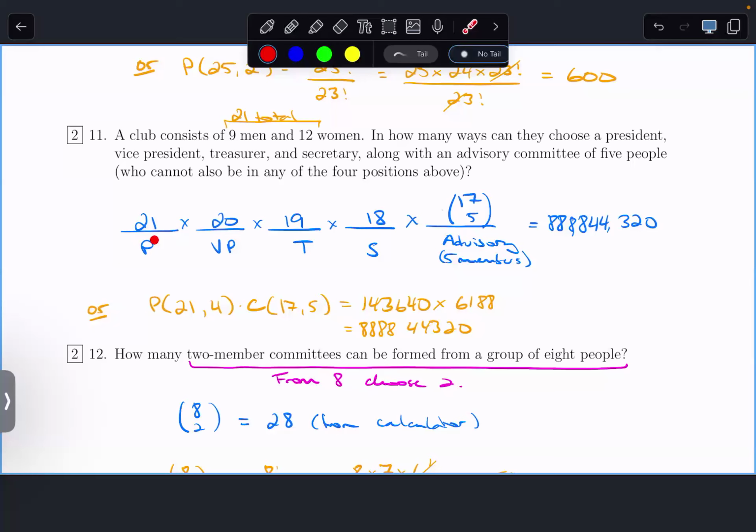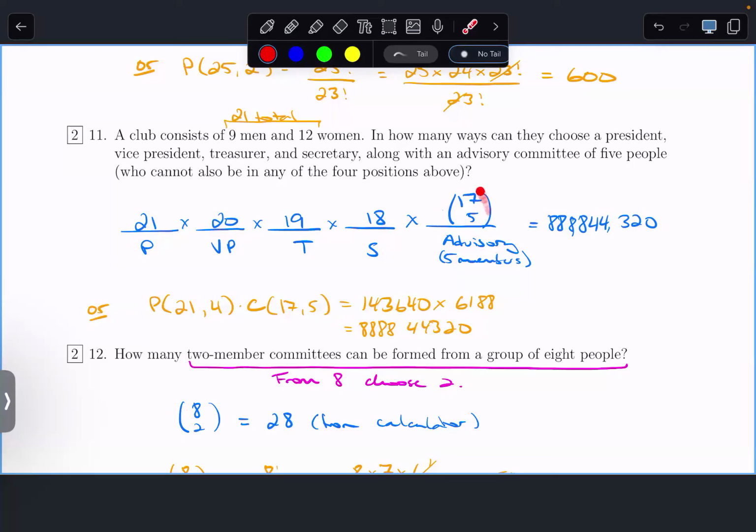First, you choose your president, then your vice president, then your treasurer, then your secretary. With each position filled, it decreases by 1. Because all of these have to happen at the same time, we say and in between, so you're multiplying.